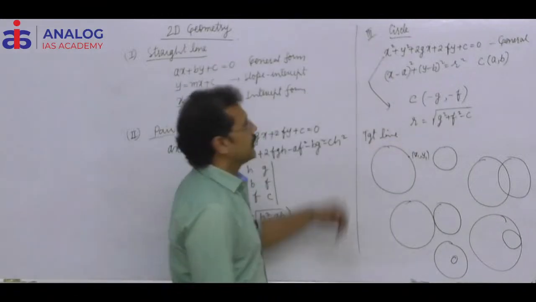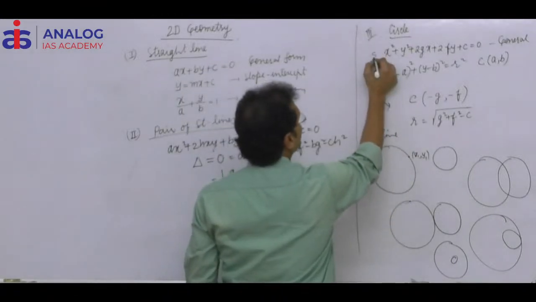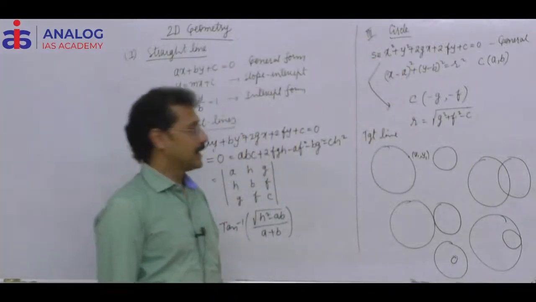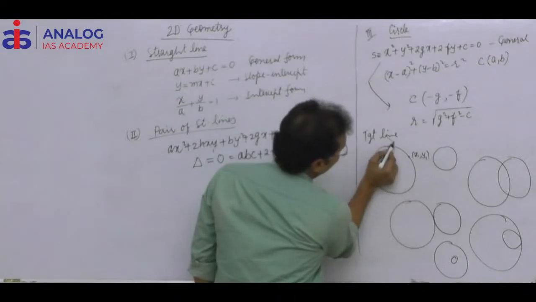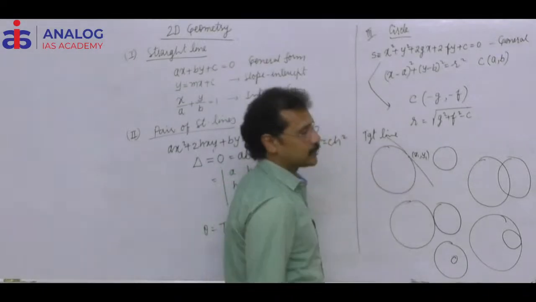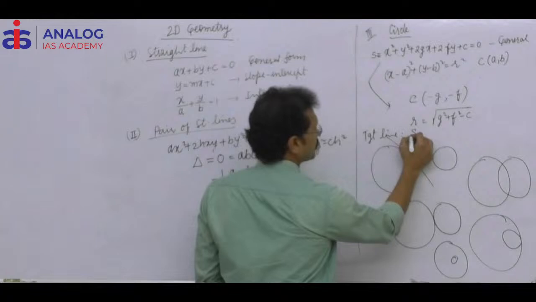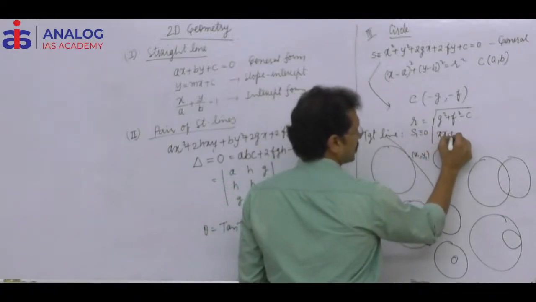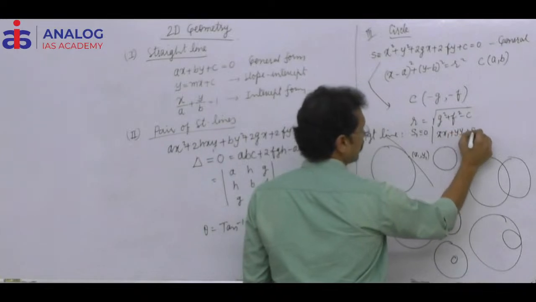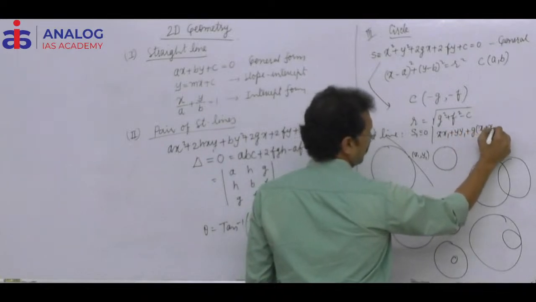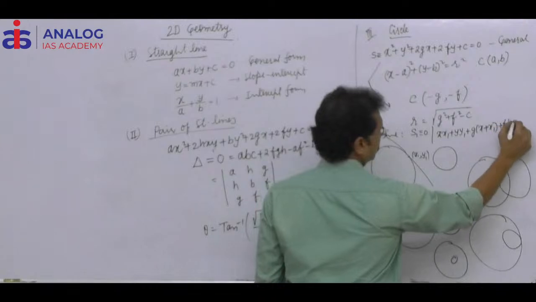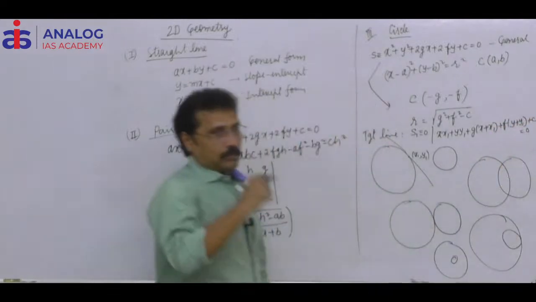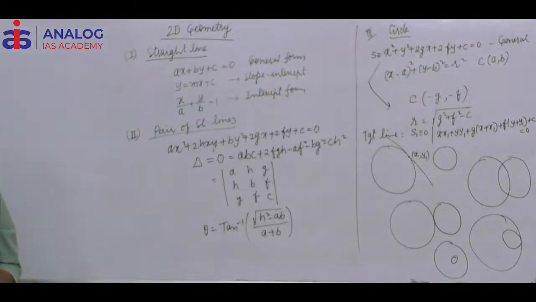Sometimes we represent the circle as S. Now the tangent line here is S1 equal to 0. S1 means x x1 plus y y1 and so on. This is the equation of the tangent line.